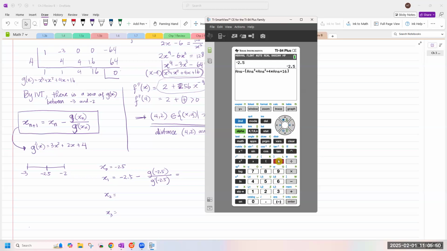Notice I purposely don't plug in -2.5 because I want to use this formula in the next step. Divided by parentheses, the derivative is 3 times that answer squared plus 2 times that answer plus 4, close parentheses.